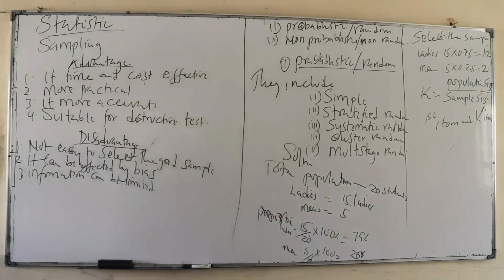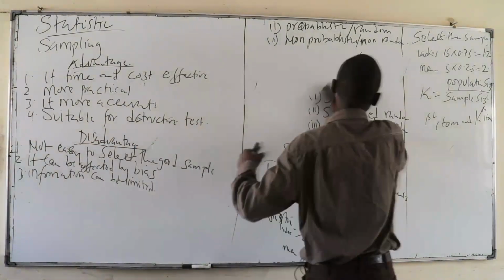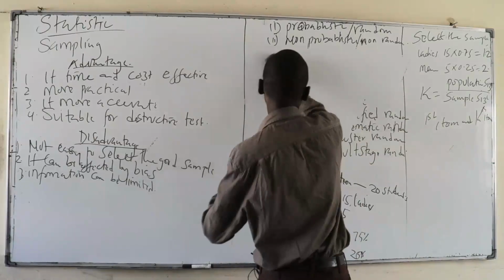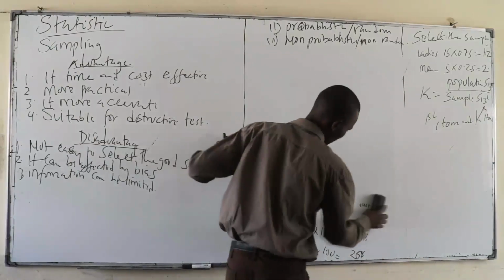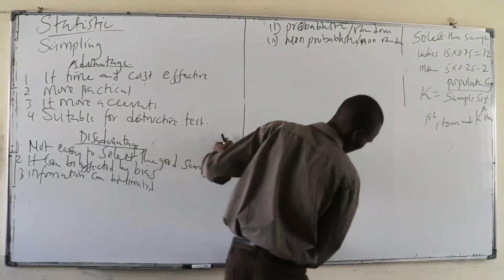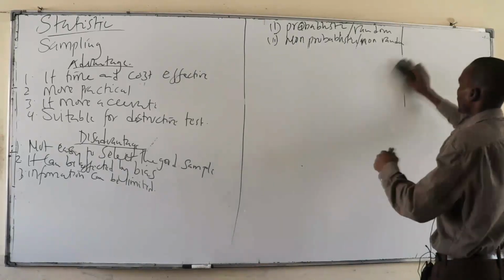Then you write for non-probabilistic, number 2, Roman 2, non-probabilistic sample.